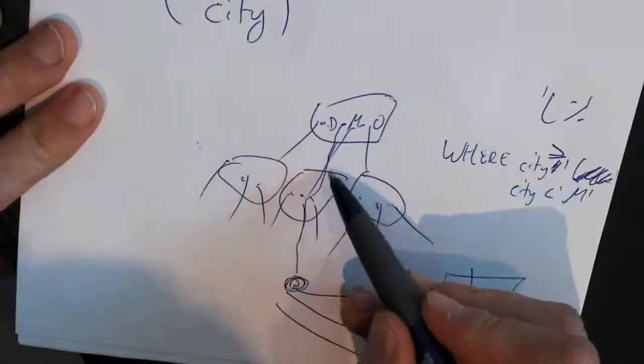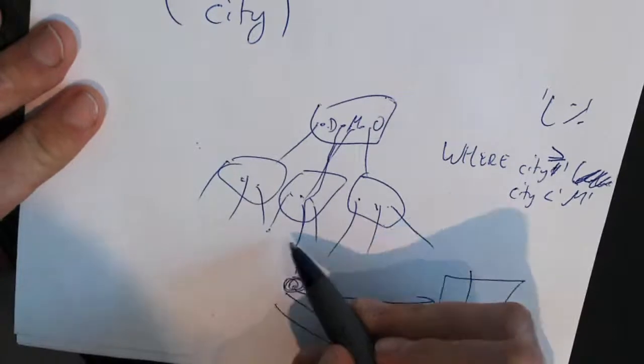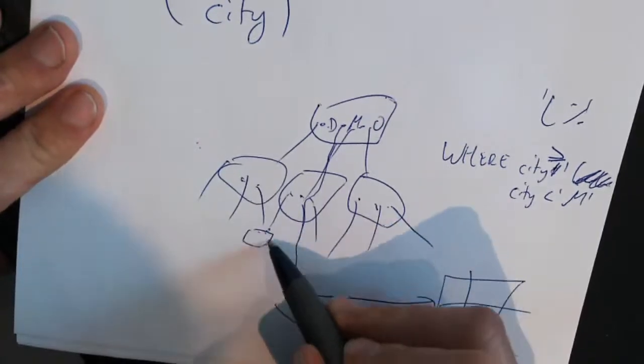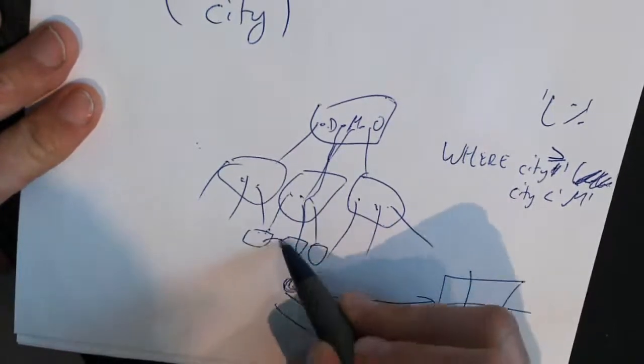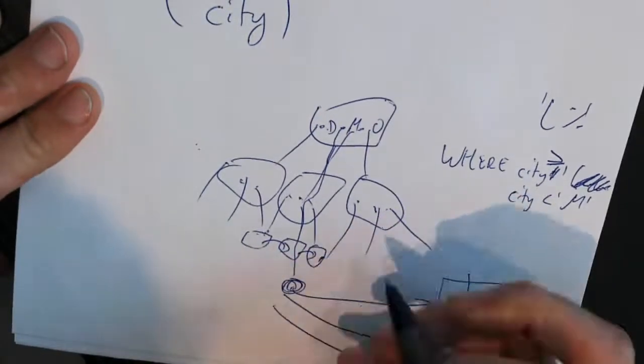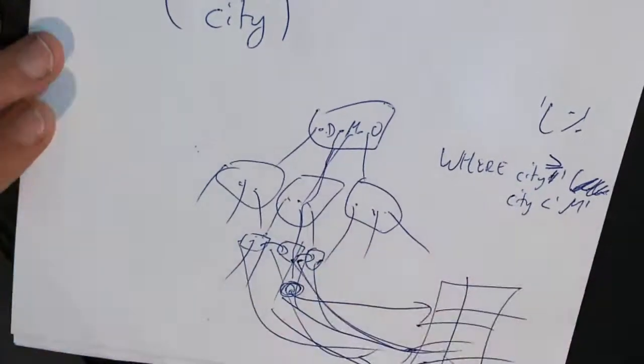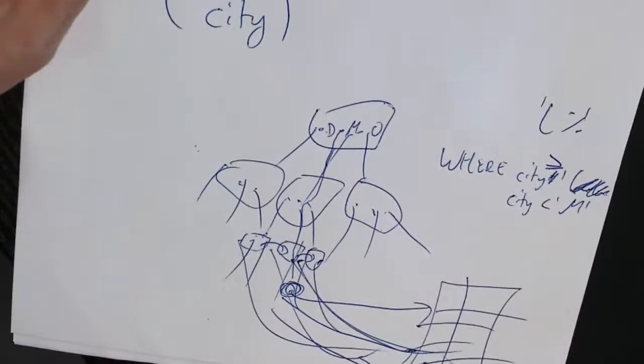You go to the first one that starts with an L, okay, this one here, and then you follow the leaf nodes through the pointers until you find the first one with an M, and then you follow all pointers here to find all people starting with an L.